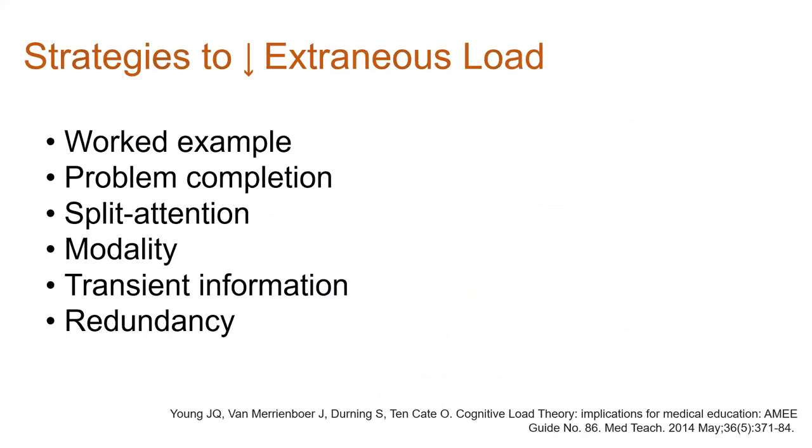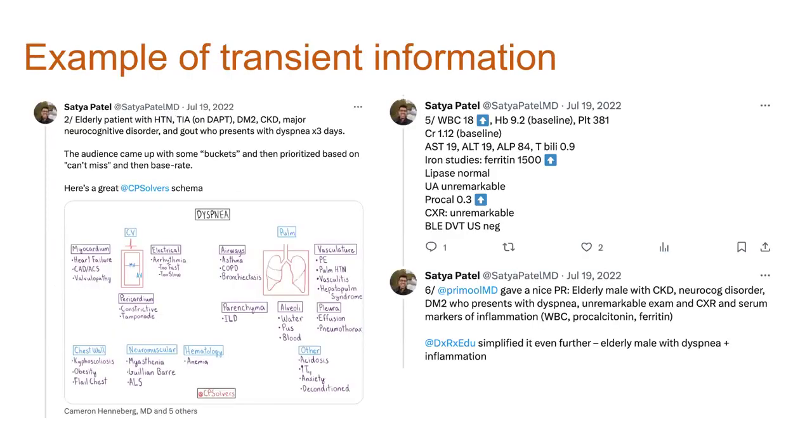Here are many strategies to decrease extraneous load, and the one that I want to highlight here is called transient information. That is when you get information on one slide and you need to use it again later, but you can't really remember it all. Using another tutorial as an example, in tweet number 2 on the left, you will see there is a problem representation, a great schema by CP solvers.